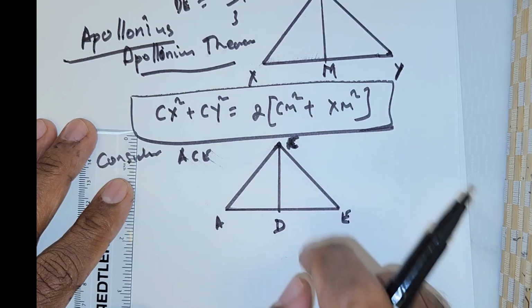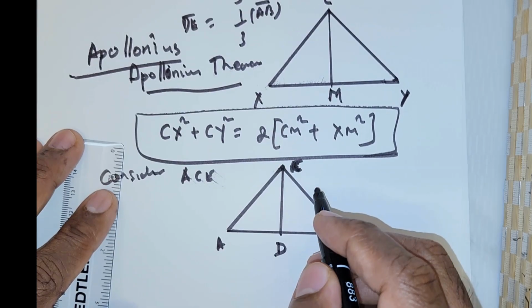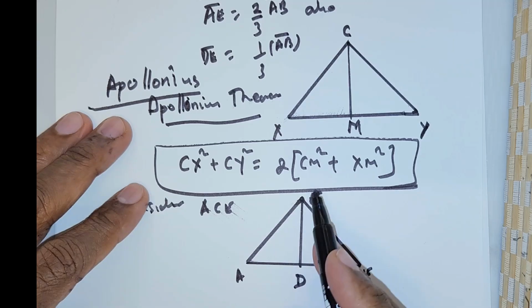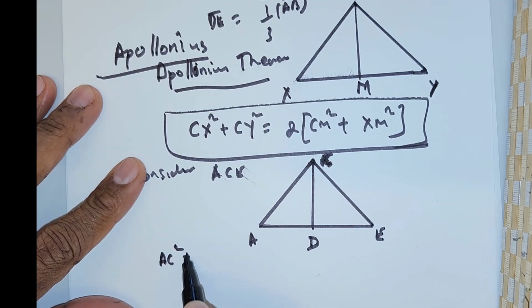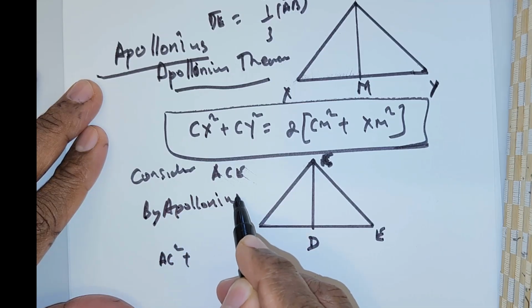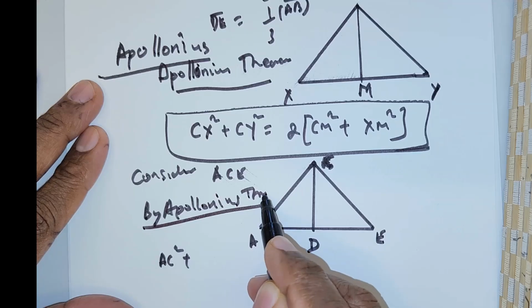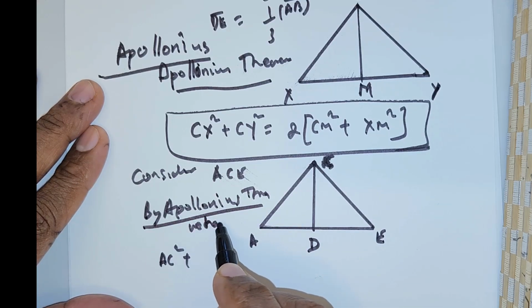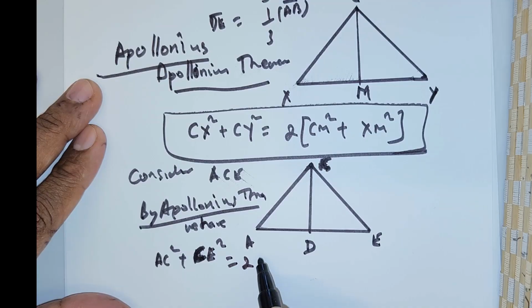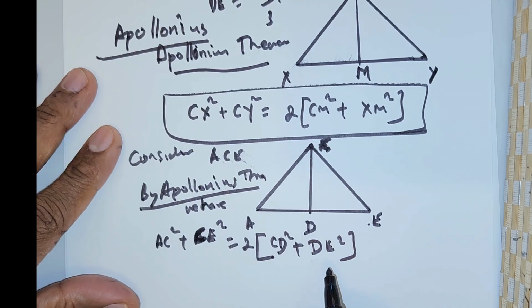So this is how we have this system in place. So by Apollonius theorem, what do we have? AC squared plus CE squared is equal to 2 times CD squared plus DE squared.